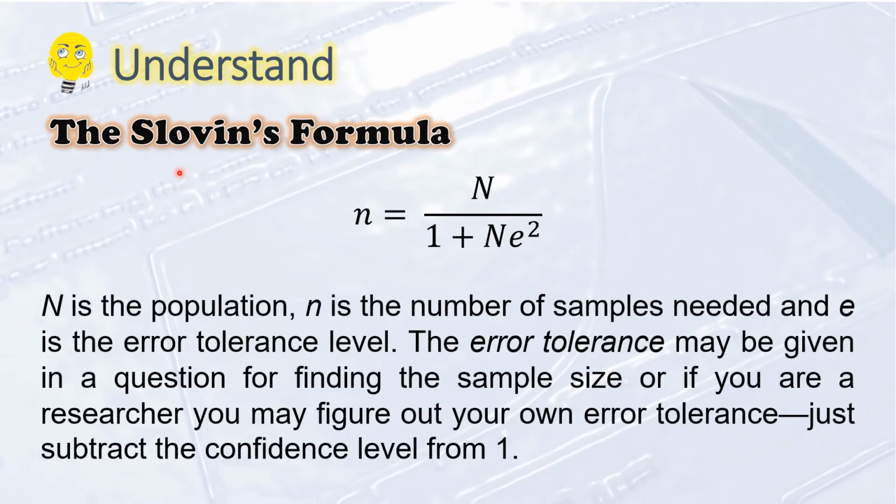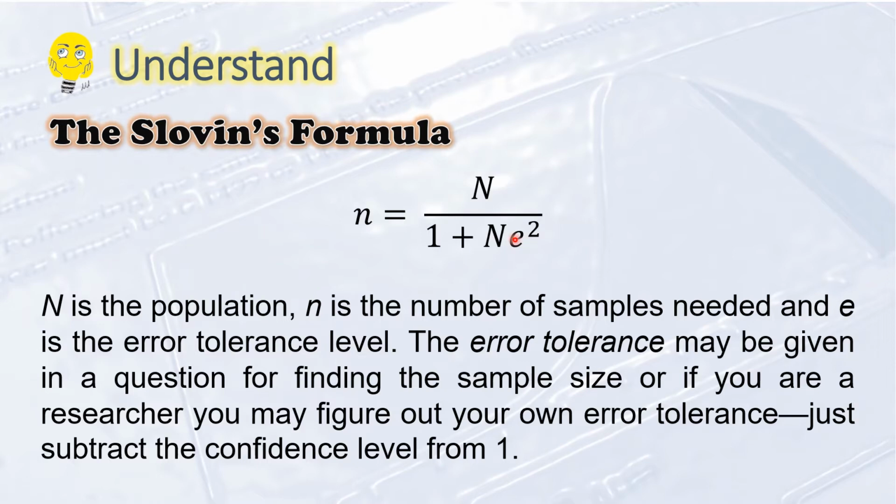However, the formula is given by n, the sample size, is equal to capital N over 1 plus N times E squared. In here, capital N is the population, small n is the number of samples needed, and E is the error tolerance level.